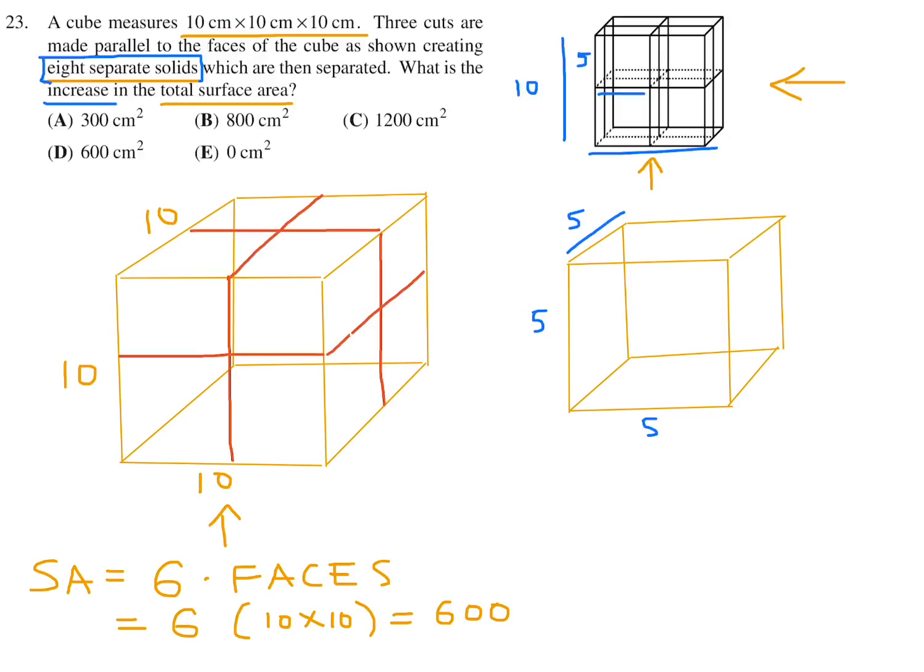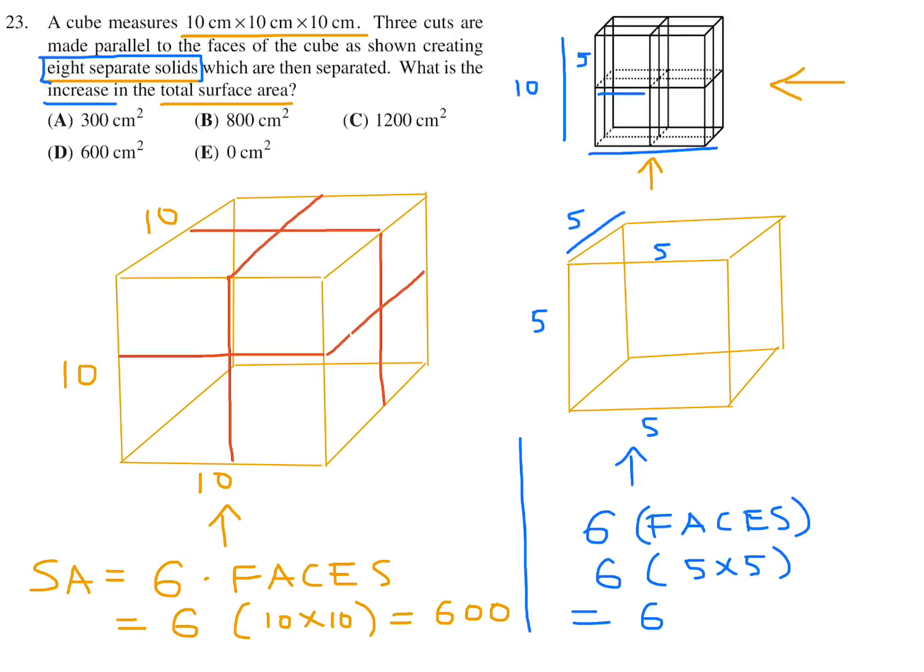So now let's just figure out the surface area of this one shape. Well, again, it's 6 sides, and all 6 sides have the same dimensions, 5 times 5. So it's going to be 6 faces, and each face has the dimensions 5 times 5.